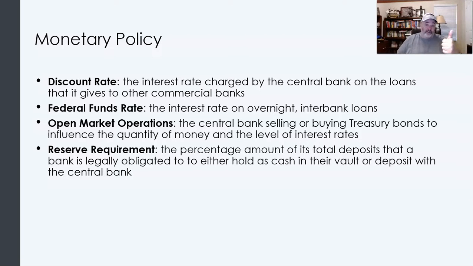All right. Changing the discount rate. Think about this. If they said that they're going to charge you a higher rate of interest to borrow from them, that's going to create an incentive to not loan out too much money. So the bank has to keep in a certain amount, their reserve requirement. They can loan out everything else.